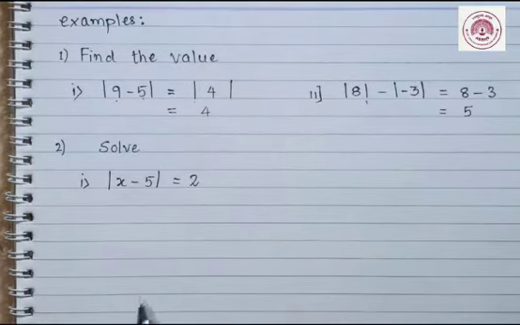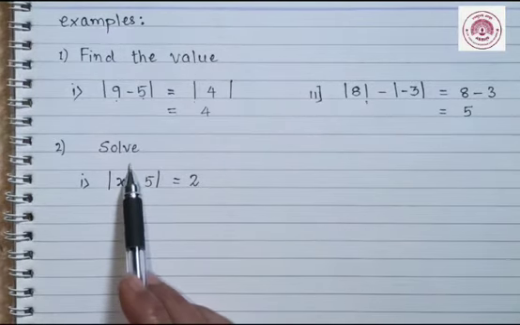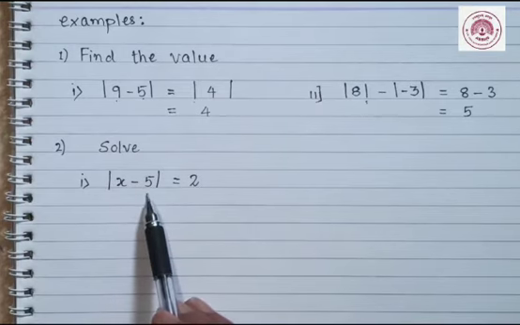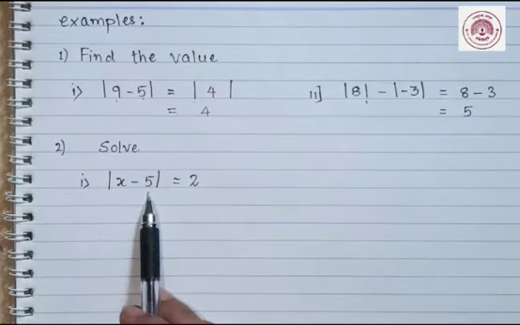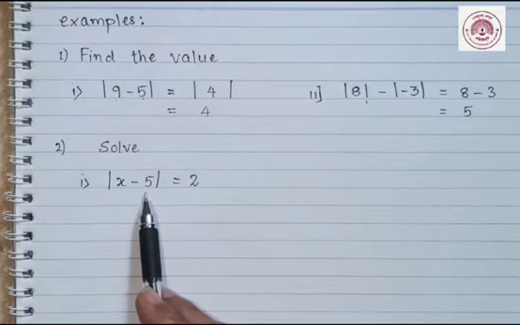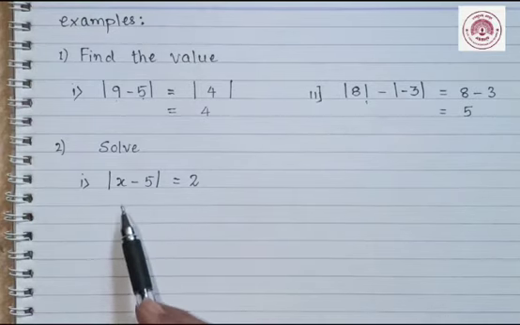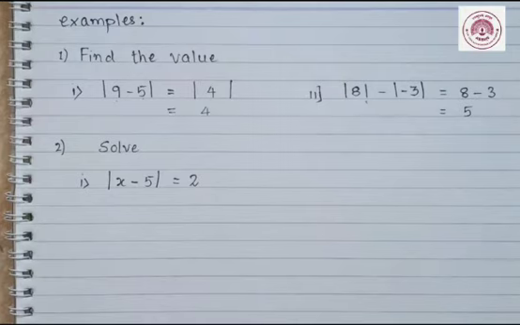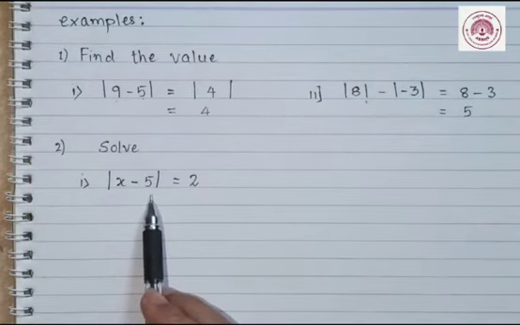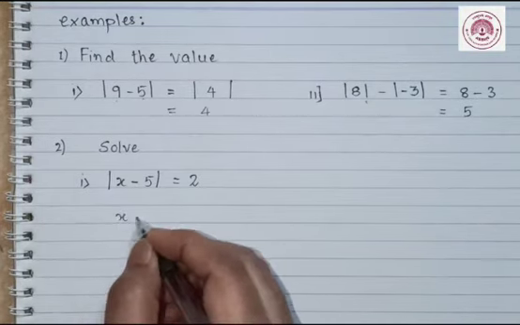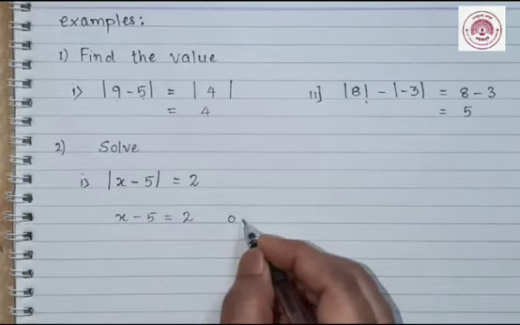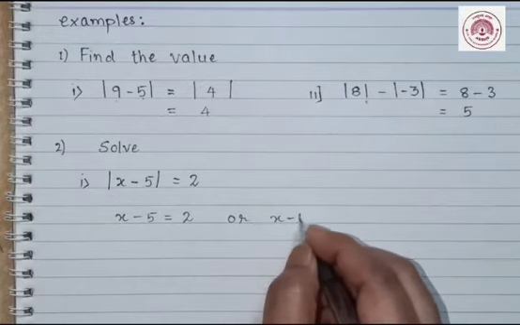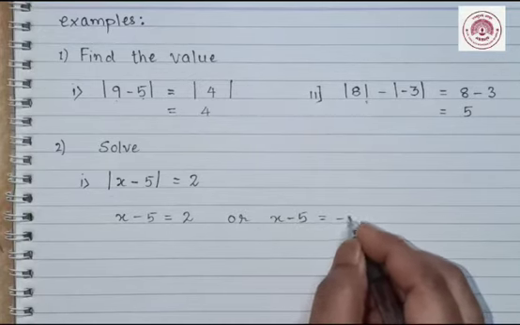Now let's see one more example. The question is: solve modulus of x minus 5 equals 2. This is given and we have to find the value of x. Now it is modulus of x minus 5, so x minus 5 can be a positive number or it can be a negative number. We have two possibilities: x minus 5 is equal to positive 2, or x minus 5 equals negative 2.